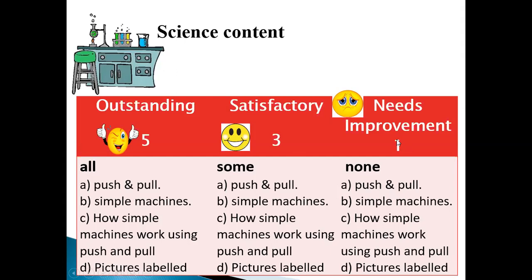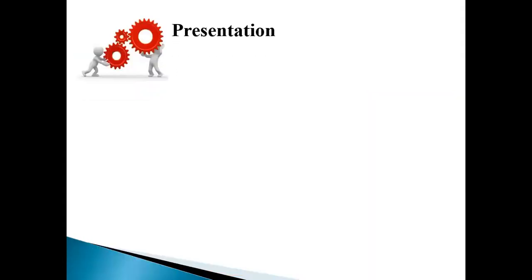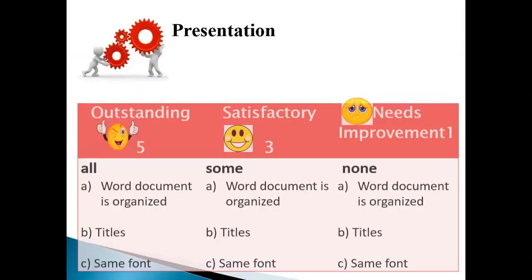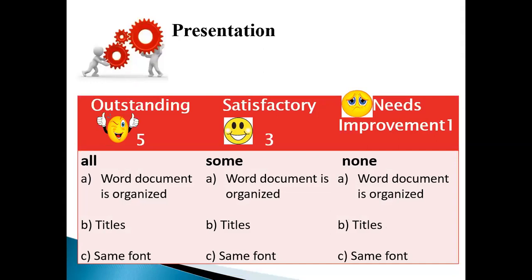Okay, the last thing is the presentation. How I want your Word to be neat, clean, organized. The titles, they are bold and they have a perfect font, and all of the Word has the same font. Not a word very big and a word very small and a word which is italic.